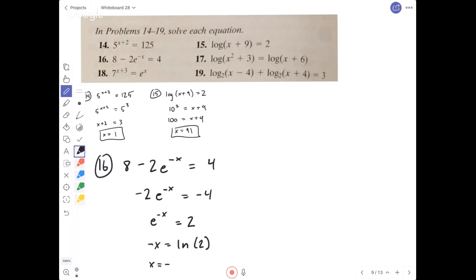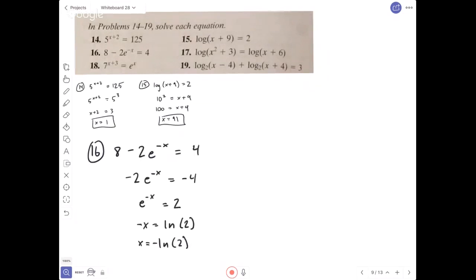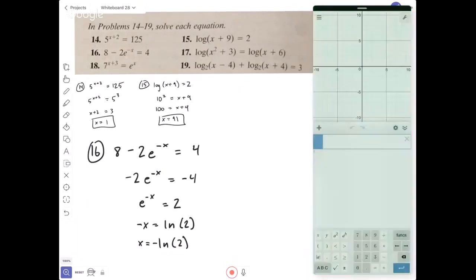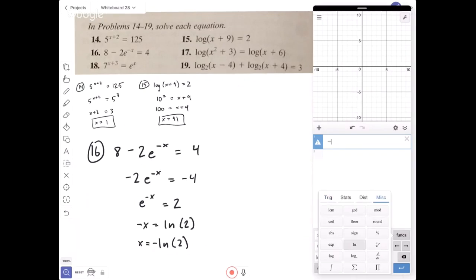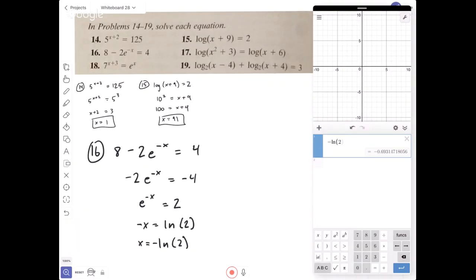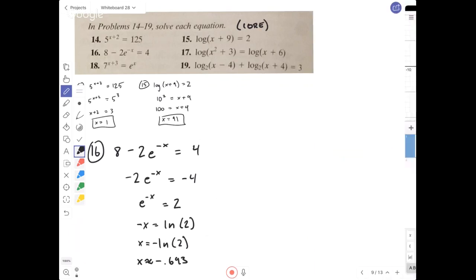So x equals negative ln of 2, which I could then approximate with a scientific calculator. Negative ln 2, negative 0.69. And again, this is a core standard using exponentials and logarithms to solve problems.